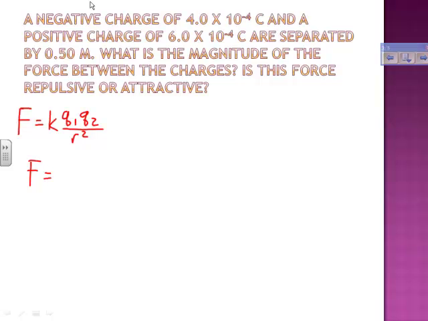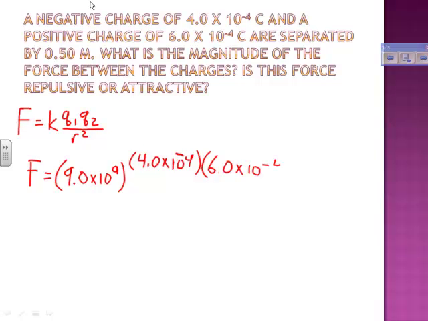So now let's plug in the values we know. 9.0 times 10 to the 9th. Q1, it doesn't matter which charge we call Q1. I'll just do the first one that was listed. 4.0 times 10 to the negative 4th. Q2, 6.0 times 10 to the negative 4th. And R, 0.5 meters squared.